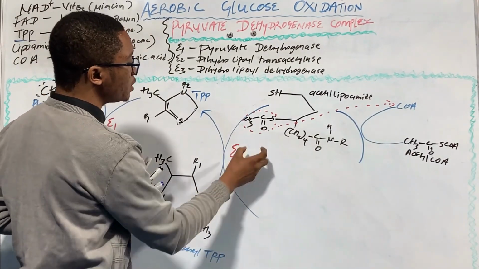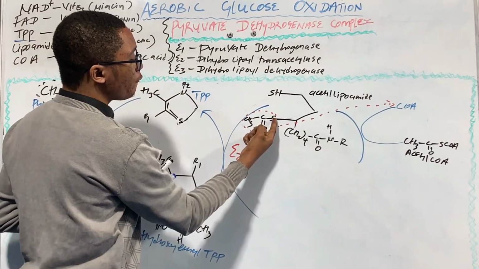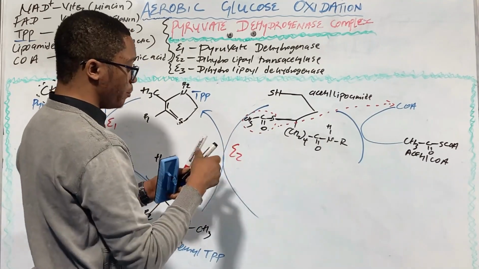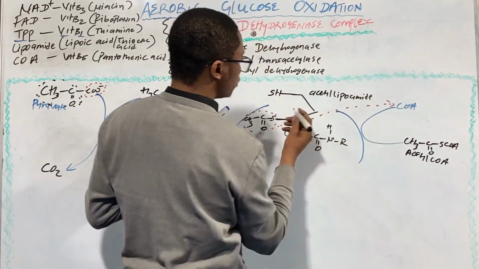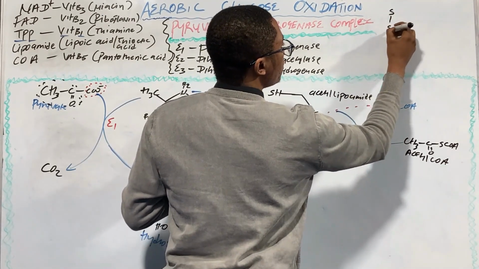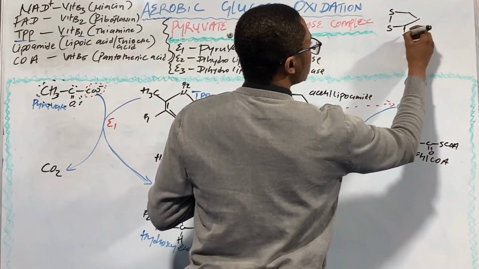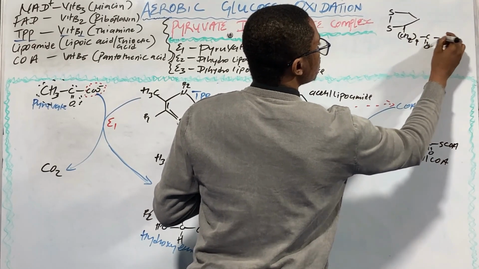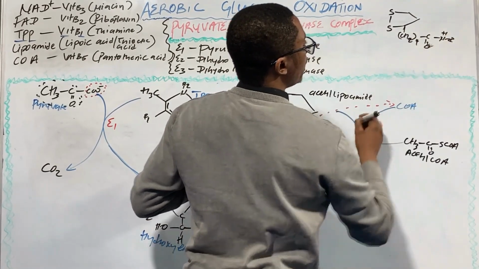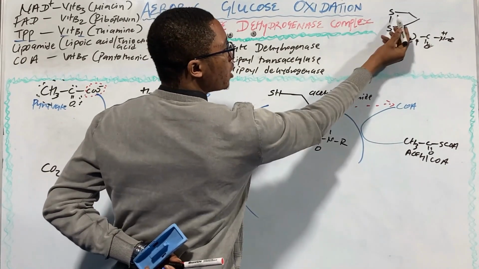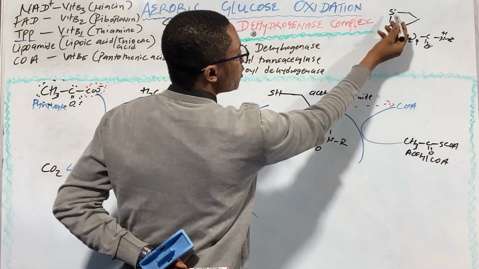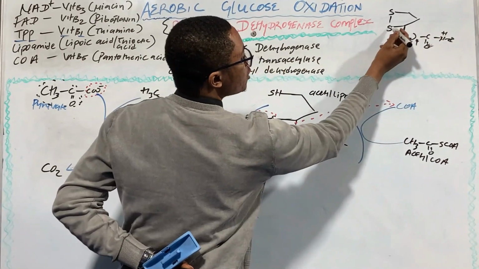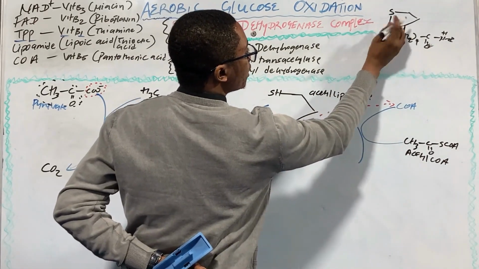So the transfer of this acetyl group forms another thiol group on lipoamide. Remember the structure of lipoamide that I described before I drew this structure. Breaking this disulfide bond will form a thiol group. With the transfer of this acetyl group to CoA, a thiol group is also formed in this part.